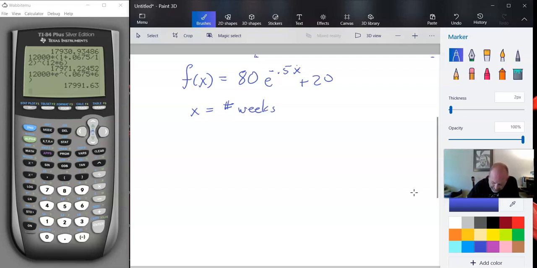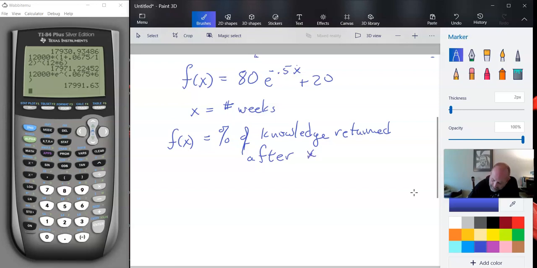What the output is, f of x, is the percent of knowledge retained after x weeks, right? So this is kind of nice. And again, keep in mind that when you see models like this that are describing things like human behavior, these are an average, right? So on average, people forget at this rate.